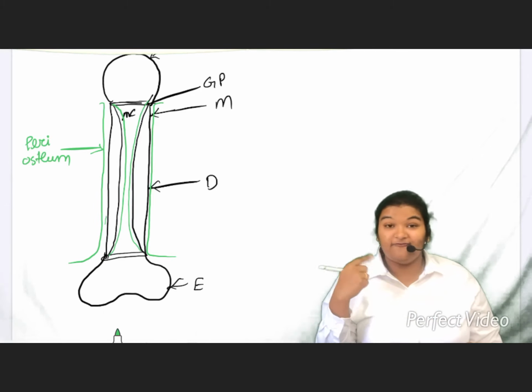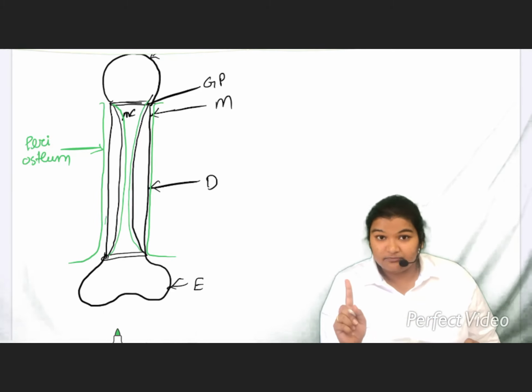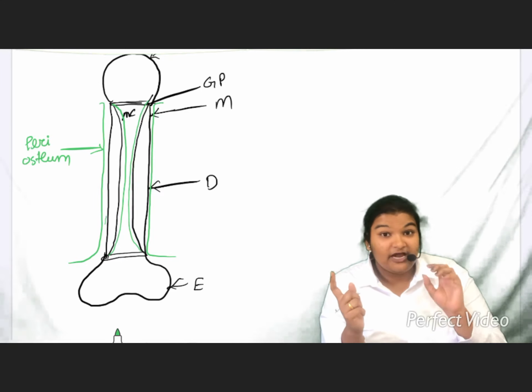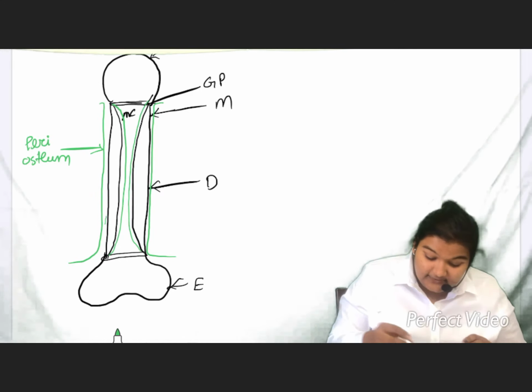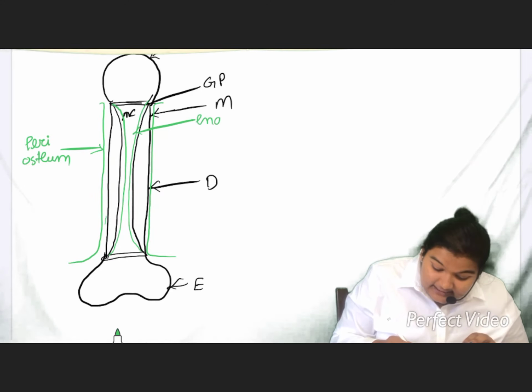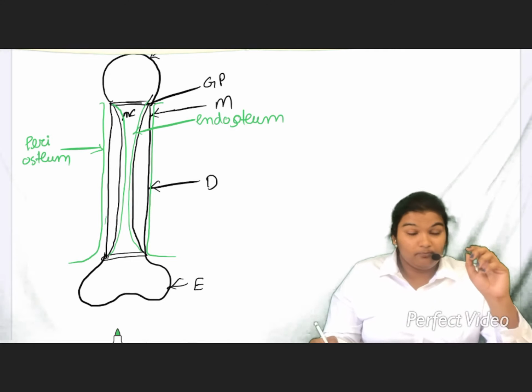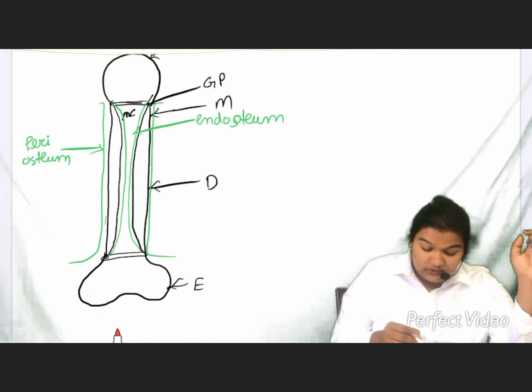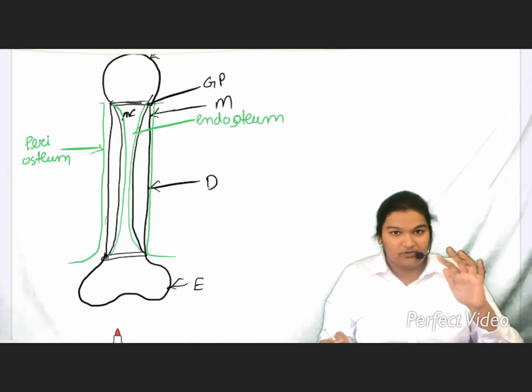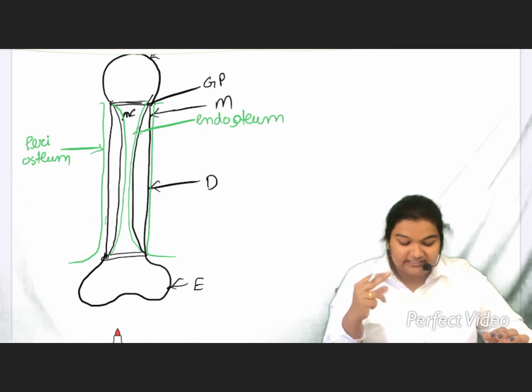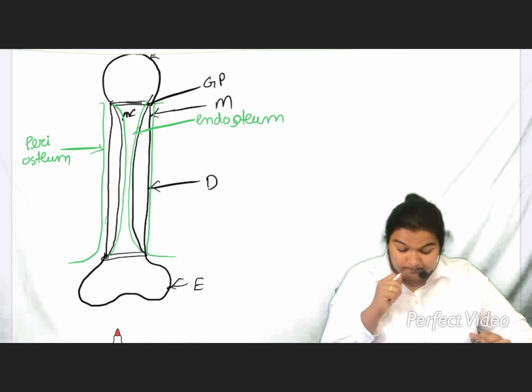Now, a fibrous layer inside the bone, you can name this the endoosteum. We call it endoosteum. Now, one important point for periosteum, we will write it down when we see the periosteum in detail.